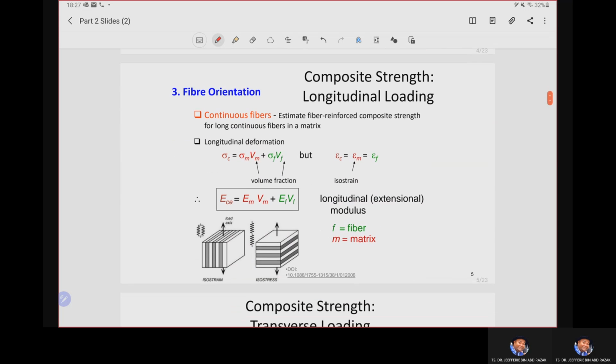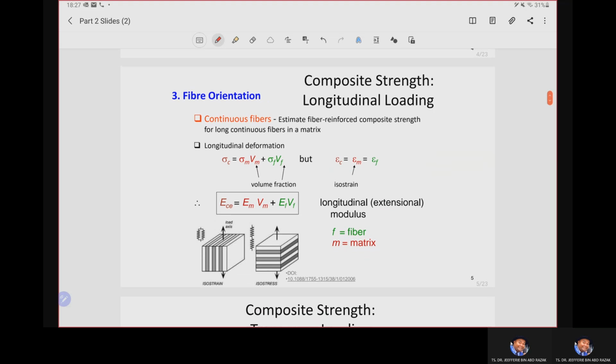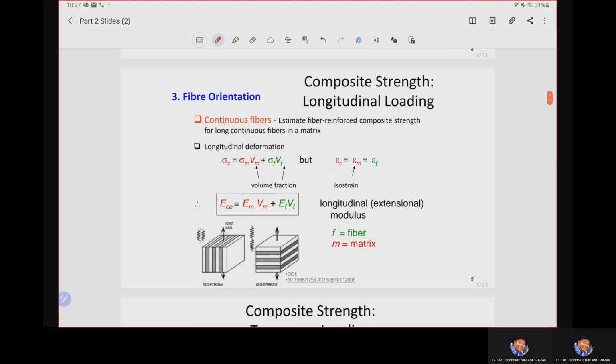Next, a factor which affects the final properties of fiber reinforced composite is the fiber orientation. Fiber orientation is related to the direction in which the stress or load is being applied.